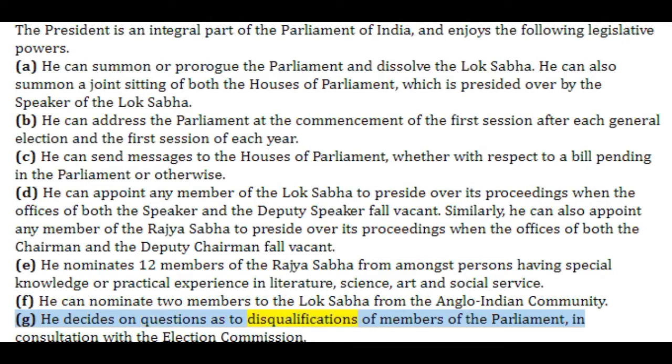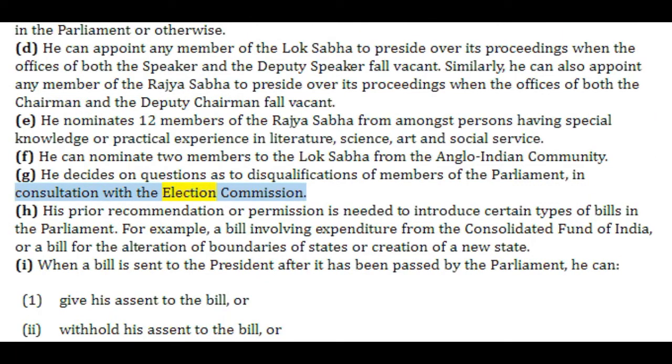He decides on questions as to disqualifications of members of the Parliament, in consultation with the Election Commission. h. His prior recommendation or permission is needed to introduce certain types of bills in the Parliament. For example, a bill involving expenditure from the Consolidated Fund of India, or a bill for the alteration of boundaries of states or creation of a new state.